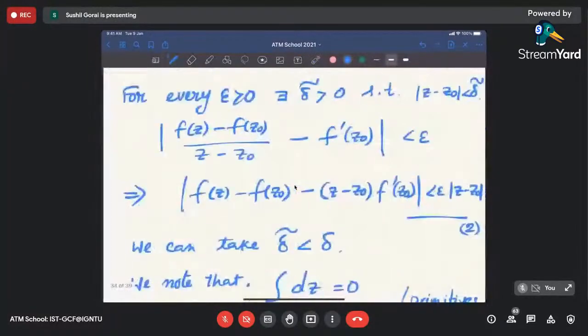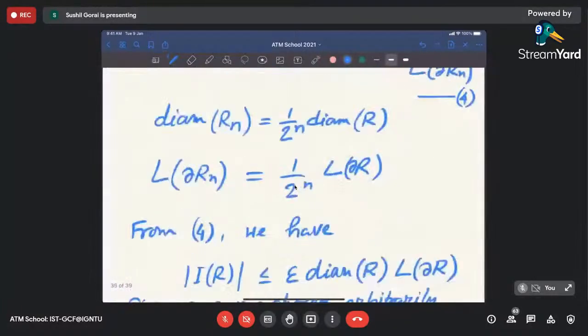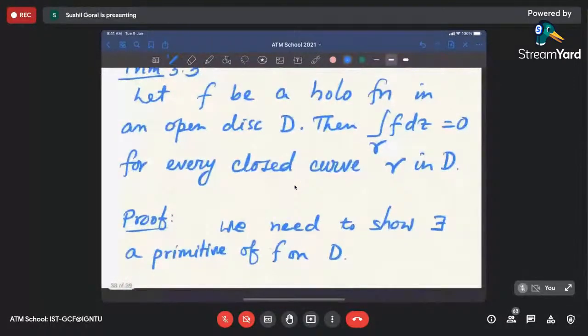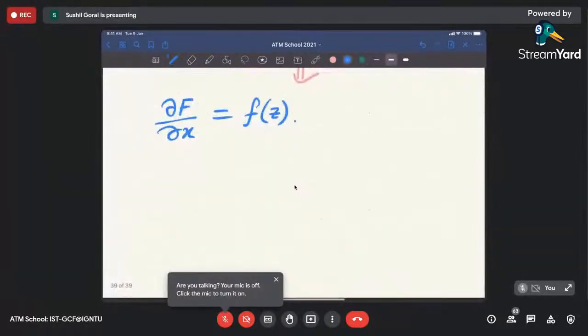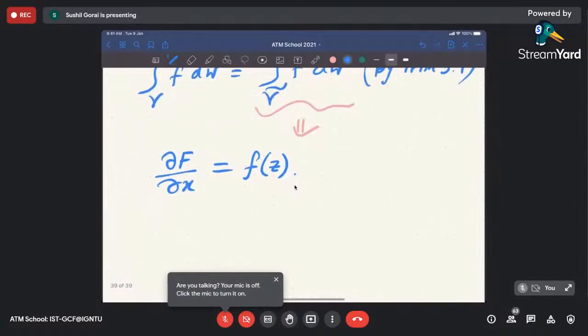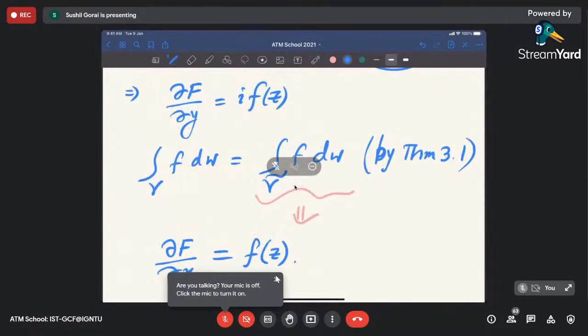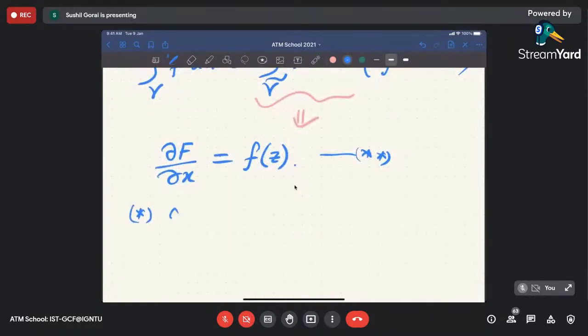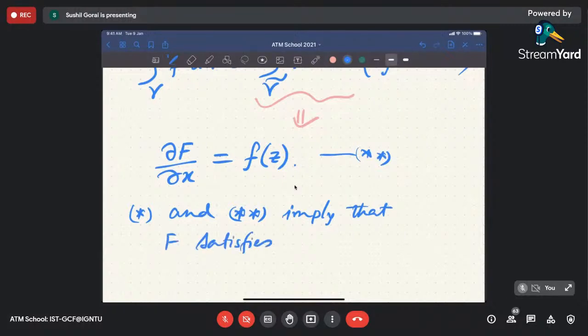So this would imply that F satisfies the Cauchy-Riemann equation. Maybe we call these star and double star. Star and double star imply that F satisfies the CR equations.